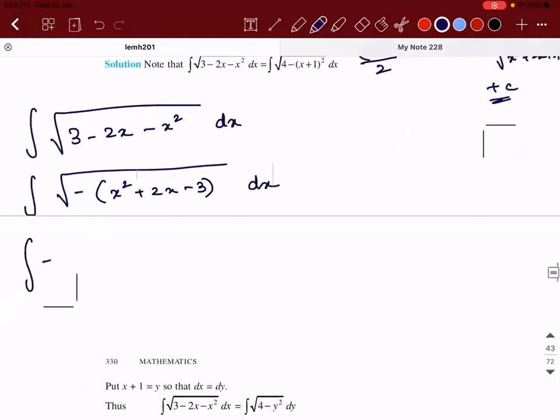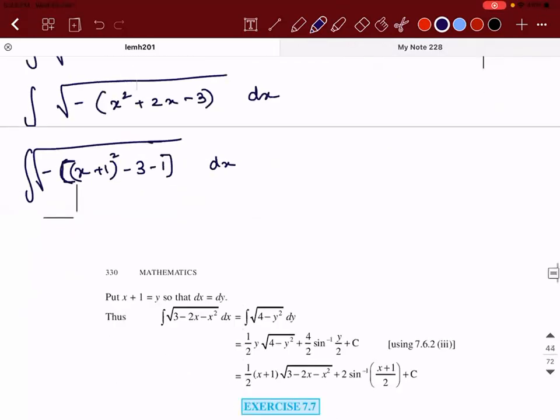So integral of root of minus of x plus 1 the whole square minus 3 minus 1. So this will be root of 4 minus of x plus 1 the whole square times dx. Correct? Understood? Yes, sir.